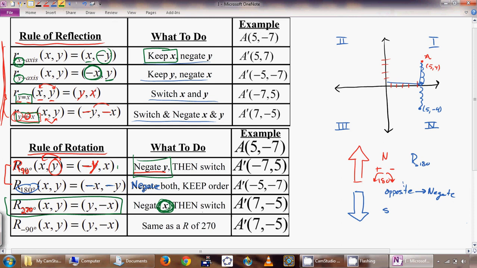If you want another way to remember them, you could take a point and plot it. Positive 90 is going counterclockwise. If you put it on the axis at 6, comma, 0, you can see it's going to get shifted up here.